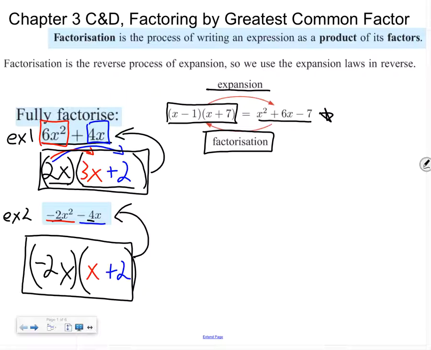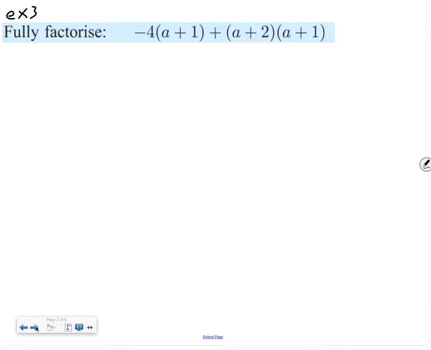Let's go to example 3. Here, we want to fully factorize these terms. If I want to factorize it, again, I'm looking for common things. Here, I notice that there's an a plus 1 here and an a plus 1 here. So if I factor that a plus 1 out, what am I going to be left with?